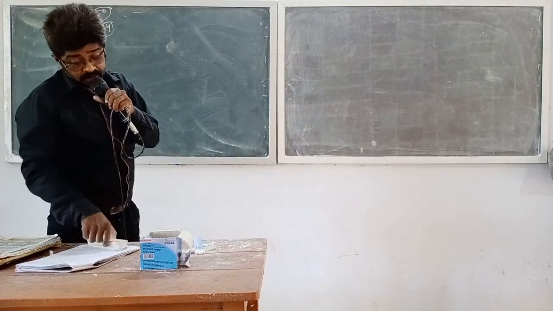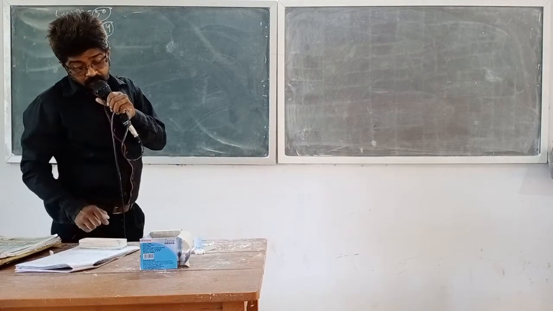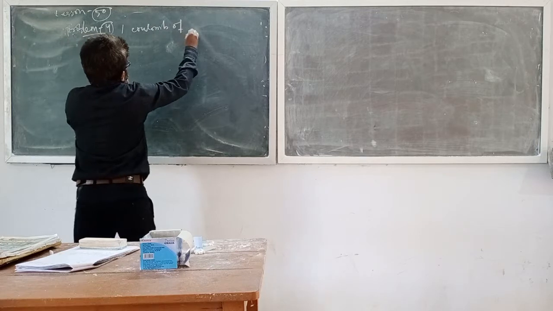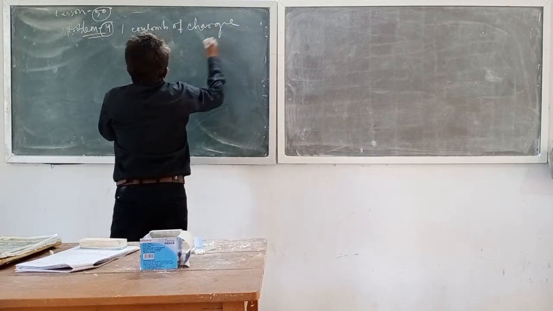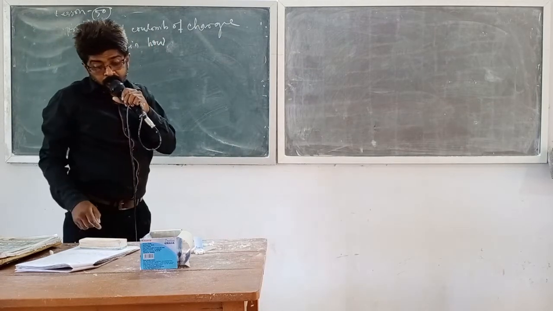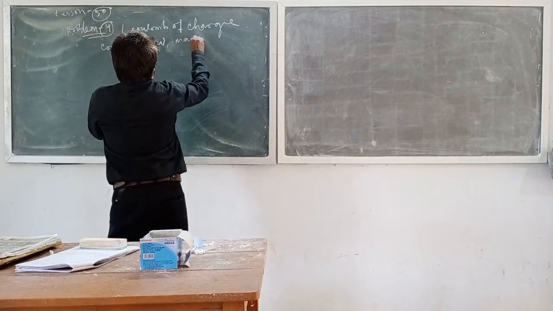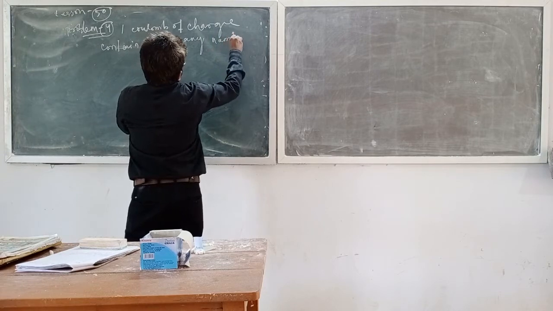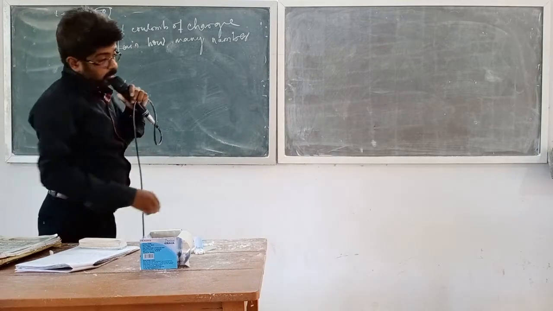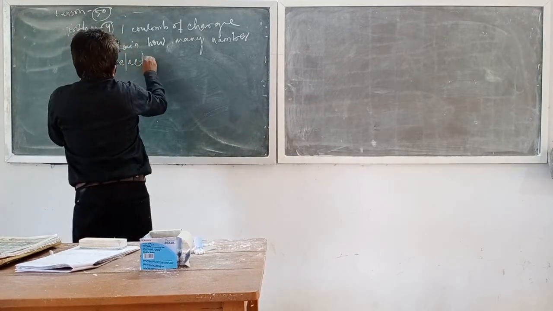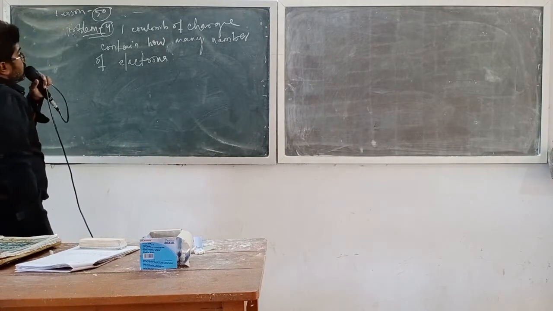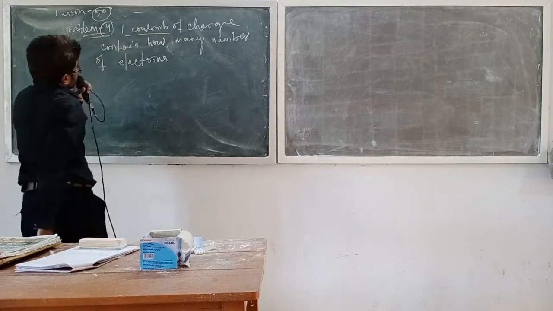Problem 4 is asking: 1 coulomb of charge contains how many electrons? Okay, this is the question.